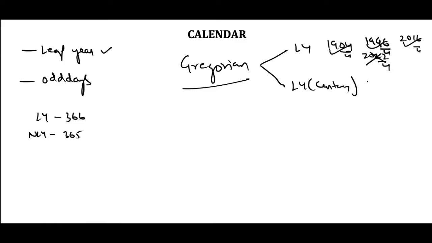Now in century years, we get years like 1900, 2000, 2100, 1500, 1700. In the group of century years, every fourth century year is a leap year.